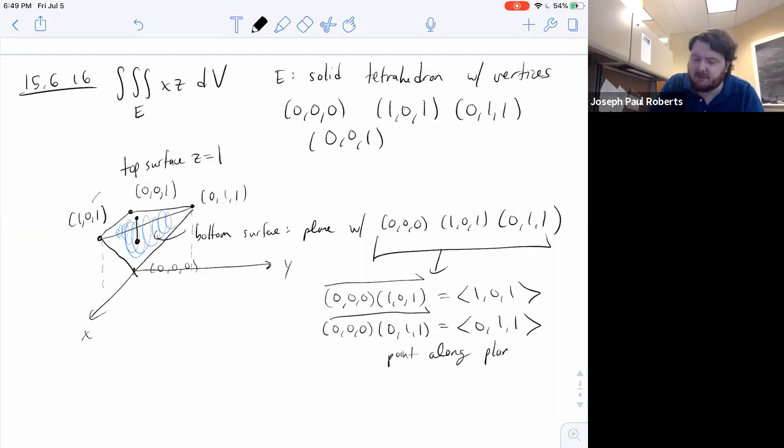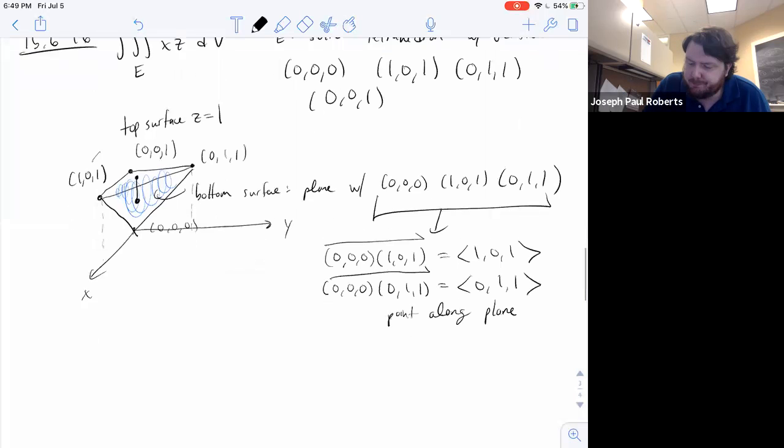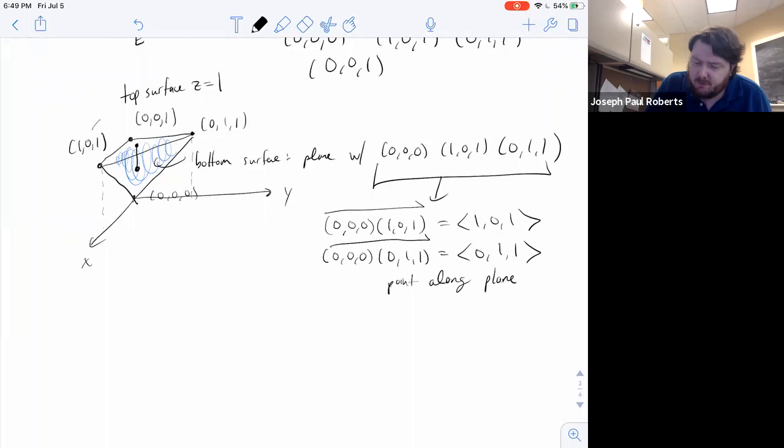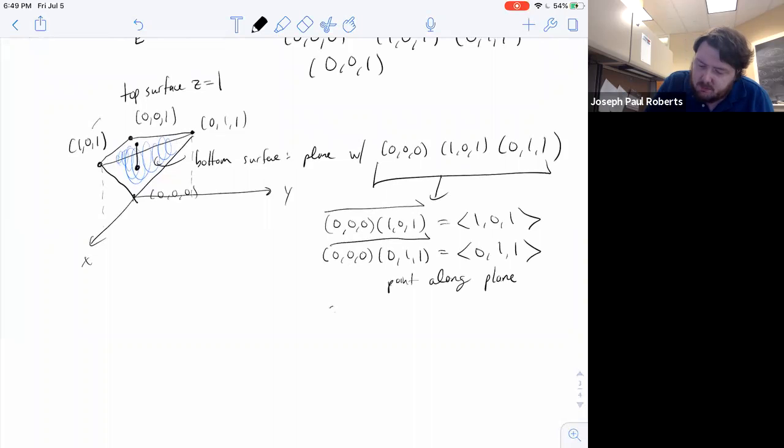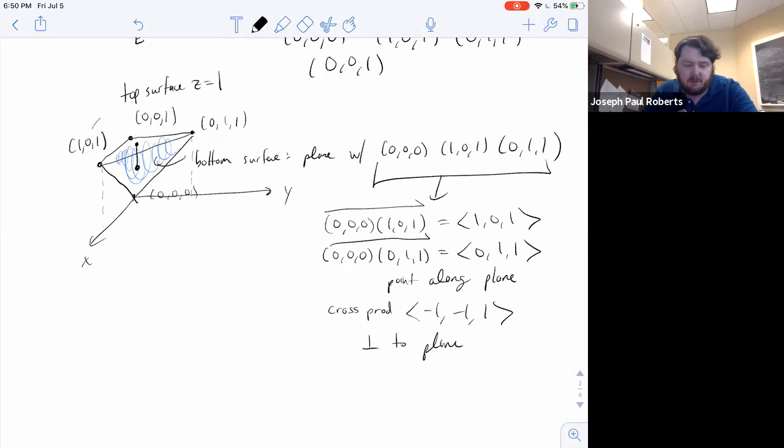So this is just a standard question from way back in chapter 12. Remember the equation of a plane containing 3 points. So therefore their cross product, which would be -1, -1, 1, is not along, but perpendicular to the plane. And so that's what you're going to want to use as your normal vector.